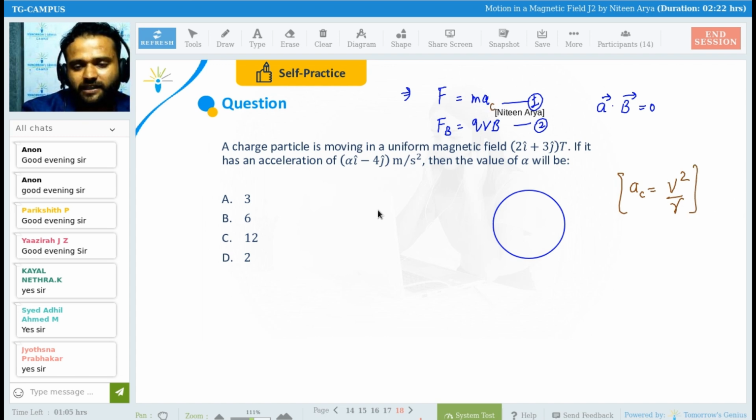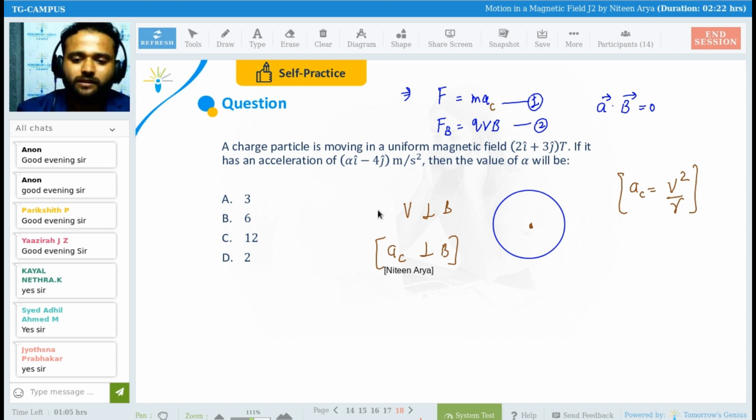And centripetal force, m AC. So this happens only when V is perpendicular to B. So when V is perpendicular to B, then AC is also perpendicular to B, which is the magnetic field, and doing this we get the answer D.